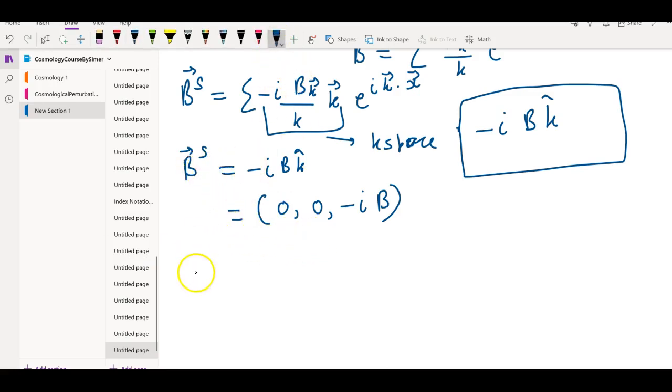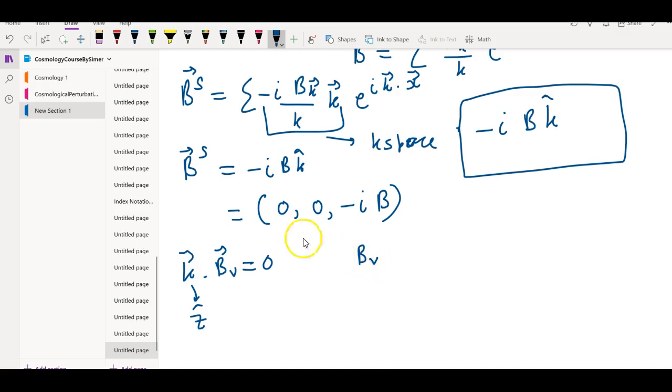Now let us write BV. Note that k dot BV is 0. And k is along z-axis. Therefore, BV has only two components.